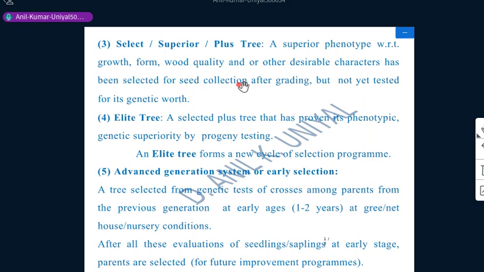Seeds from these plus trees are brought from the field to our research field, and separate progeny trials are laid there. After the initial 6 months or 1 year's growth, we can check the performance of randomly selected trees from each plus tree.